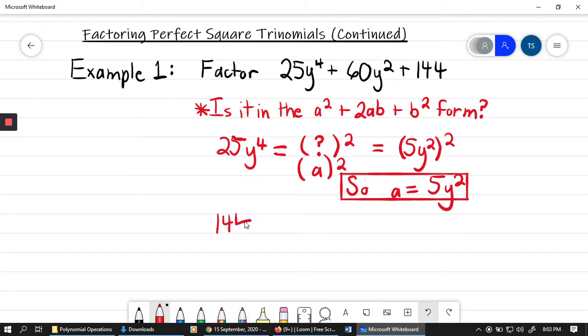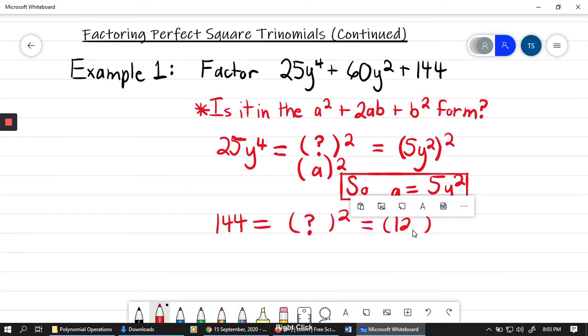We can take the square root of that constant number to see if it is a perfect square and can be written in this form. 144 can be written as 12 squared, so b is 12. Now we need to check whether that middle quadratic term is equivalent to this middle part, 2ab.